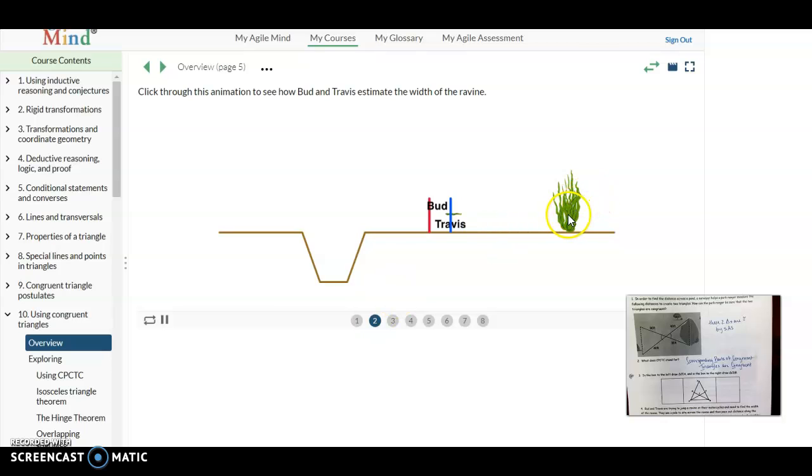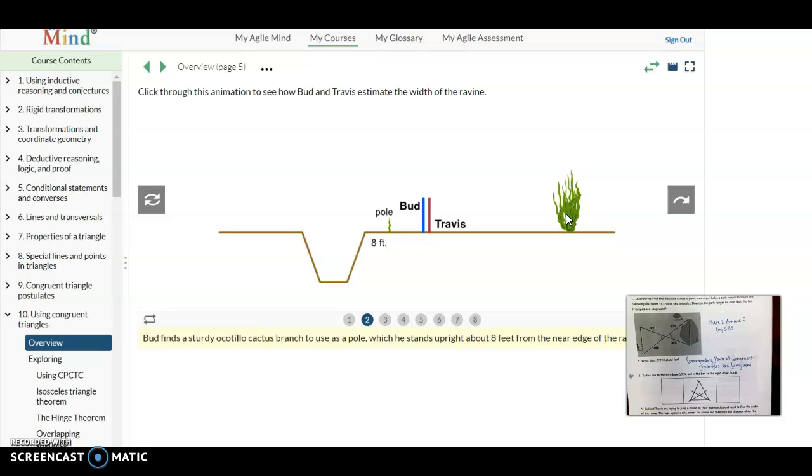He goes to an Ocotillo cactus. Never heard of this before in my life, but I looked it up, and apparently, unlike other cacti, it basically looks like sticks that are sticking out of the ground. So this is a really stiff stick that he's using as a pole here. So he goes and gets a branch off of that and sticks it in the ground 8 feet away from the ravine.